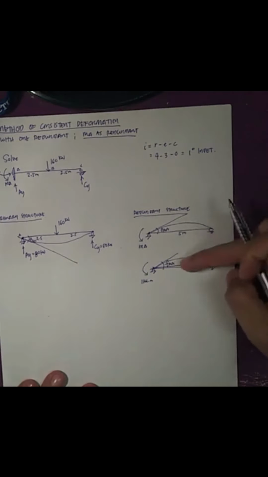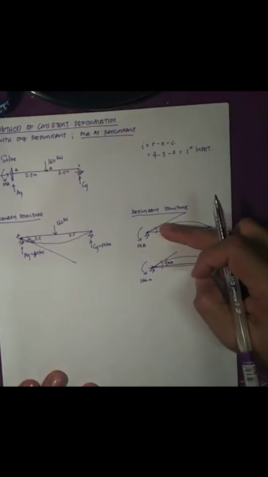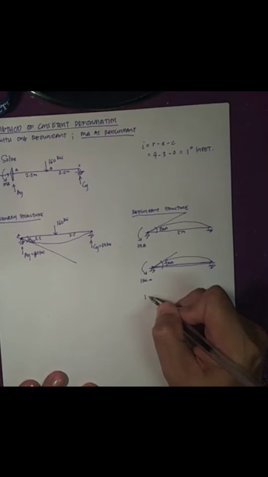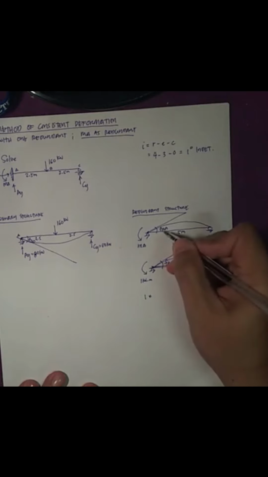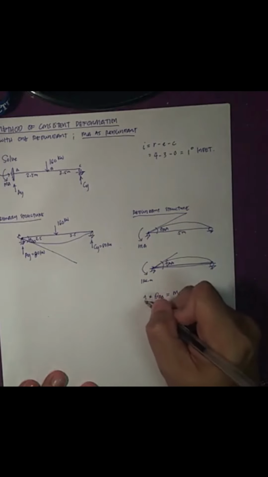Now I could relate these two by the work method. So it could be 1 kilonewton meter times theta AA is equal to MA times the small FAA. So this is 1.